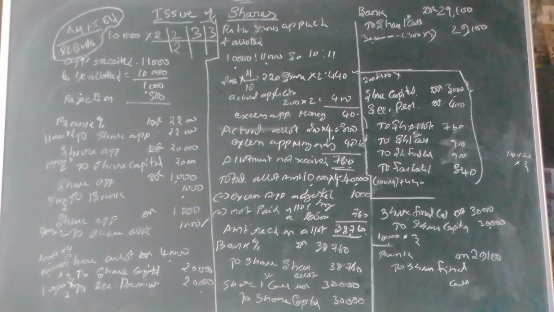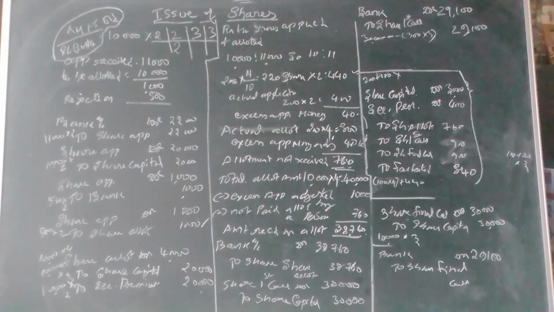Please mind it. In this question, 100 shares are not paid for call money and 200 shares are not paid for allotment, first call and final call. The amount is not collected from these two shareholders, so that we have to forfeit. How is the entry? Share capital account debtor, security premium account debtor.